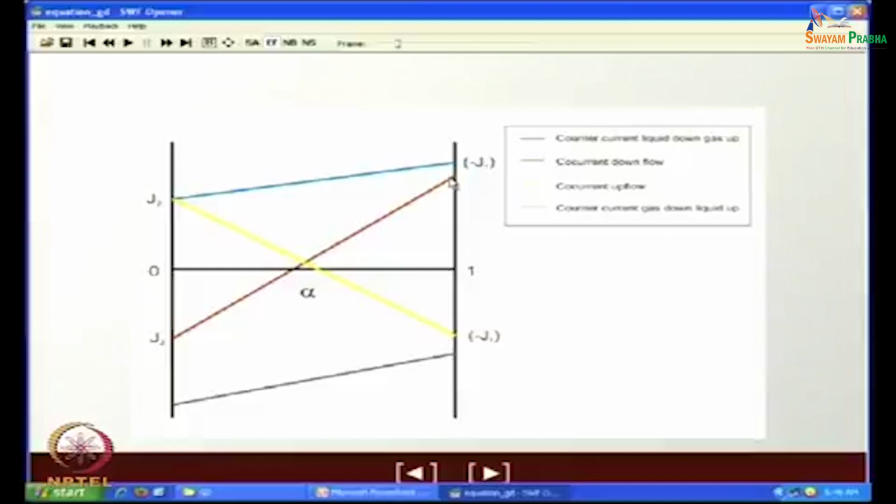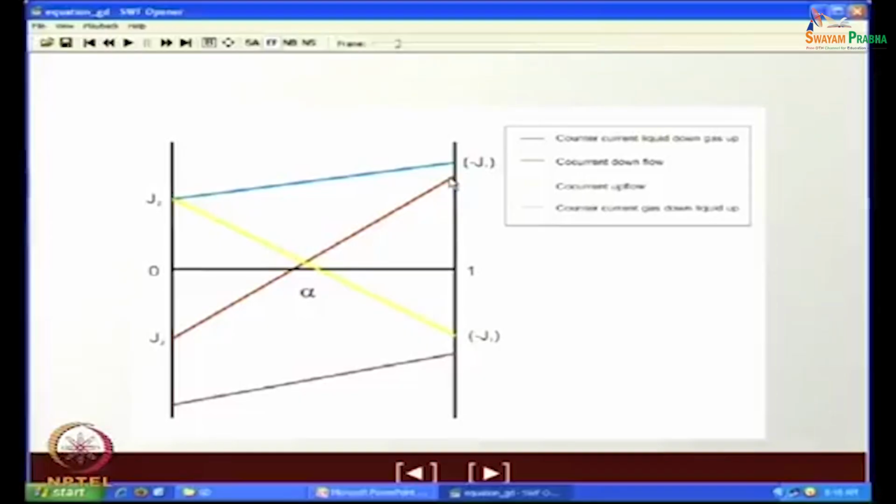Now, the other thing, counter current flow. Counter current flow can be of two types: gas up, liquid down, or liquid up, gas down. When it is gas up, liquid down, J2 is positive, J1 is negative, minus J1 is positive. So, the straight line, this blue line, lies entirely in the first quadrant.